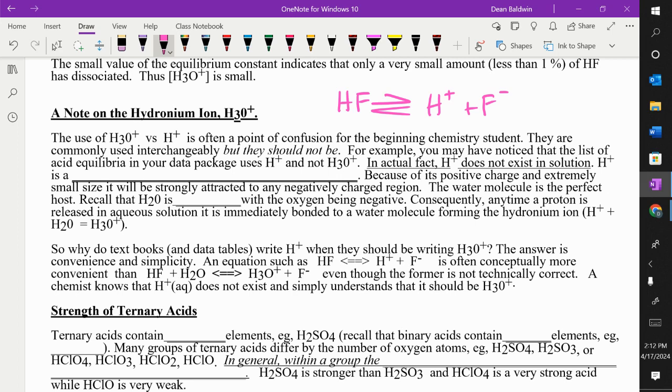You shouldn't write that. Technically, H plus does not exist on its own, because it's very small. It's got a high charge. It's just a proton, which is essentially the nucleus of a hydrogen atom. That's all it is.